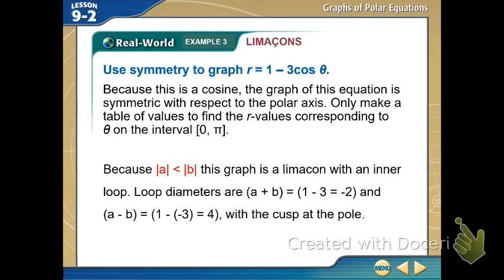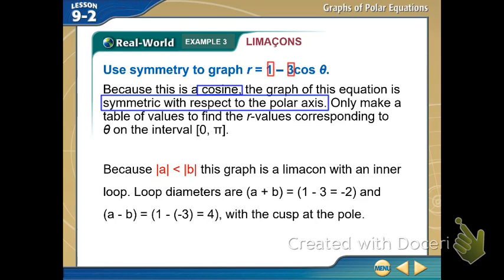So let's graph 1 minus 3 cosine theta, right? This is a limaçon. Because this is a cosine, right, we're expecting to have symmetry with the polar axis, right? So we only need to find values between 0 and pi, and then we can just reflect them over the polar axis. And the other thing we notice is that because the value of A is less than the value of B, and when we say A and B, we mean the absolute value of those.